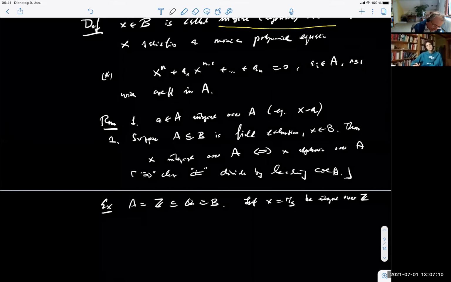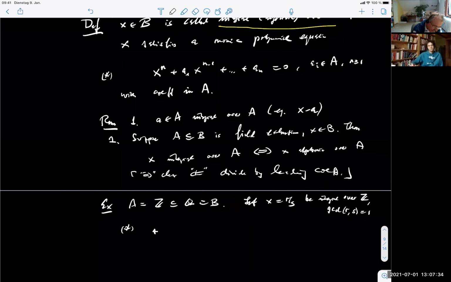Okay, so I can assume that the GCD of r and s equals 1. So this is in German gekürzt. Okay, I clear denominators. So then, if it's integral, let's put the equation star.